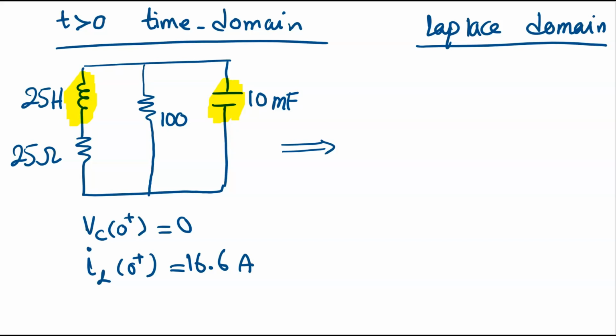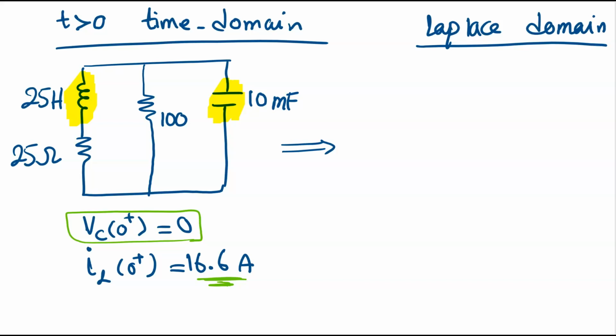The equivalent circuit that I'm going to use for the capacitor is only one component, one capacitor, because its initial voltage is equal to 0. So I don't need to have the series or parallel voltage or current source. But for the inductor, I need to have the voltage source or current source as a series or parallel equivalent circuit, because I do have some initial values for the inductor.